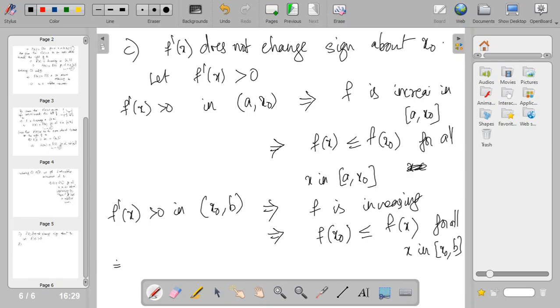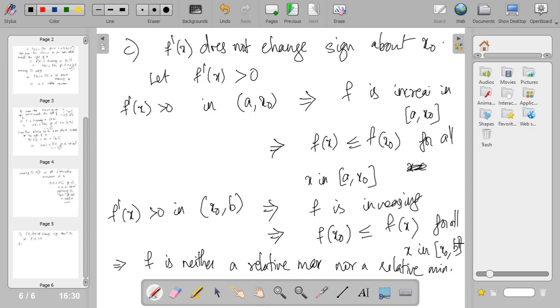So combining both, the first result gives f of x less than or equal to f of x naught, and the second result gives f of x naught less than or equal to f of x. So that implies f is neither a relative maximum nor a relative minimum.